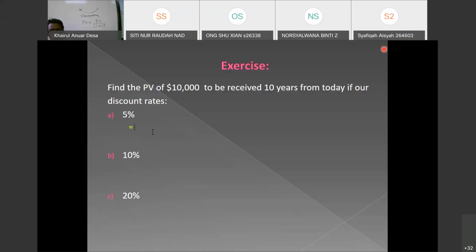Anyone, please? Okay, the first one is 6. Berapa Anis? 6. 139 bulan 13.